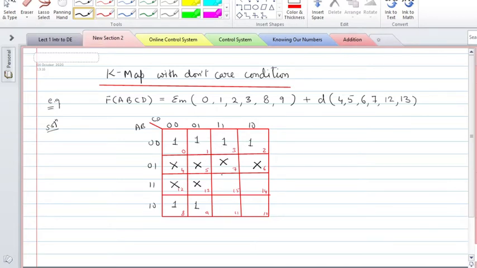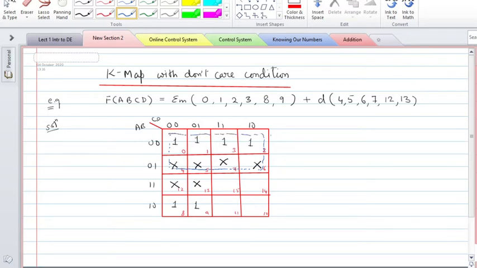Now using this don't care condition, if with the help of don't care a larger group is possible, then we have to form the largest possible group with the condition that the minimum number of groups should be there. So here the largest possible group of 8 cells is possible by including these don't cares.